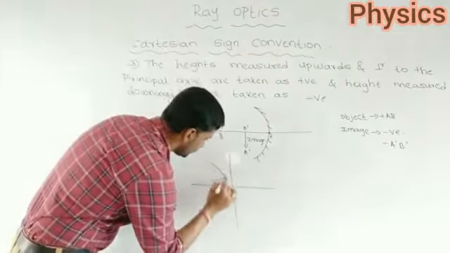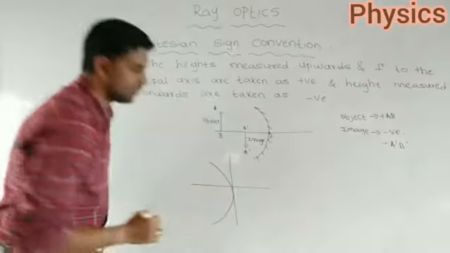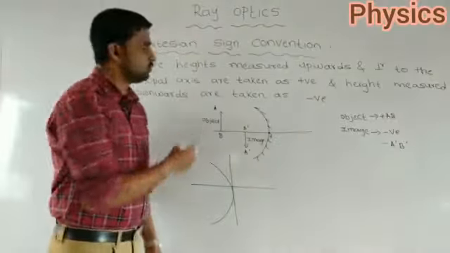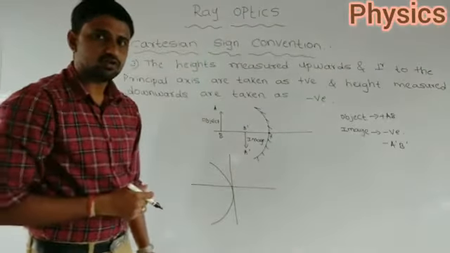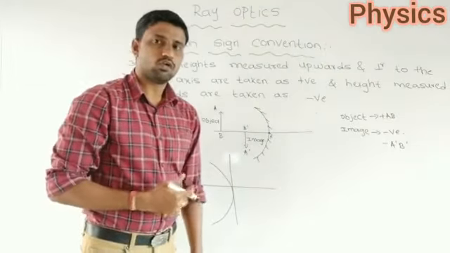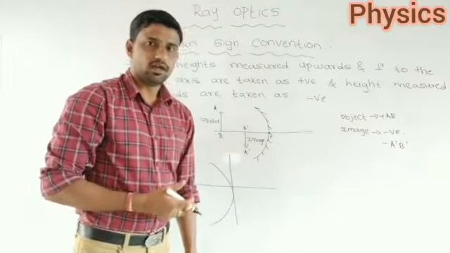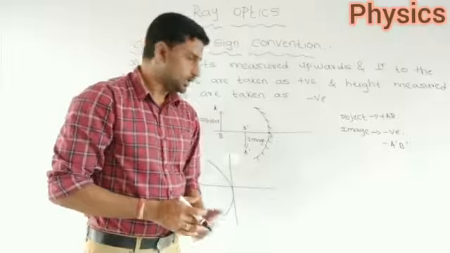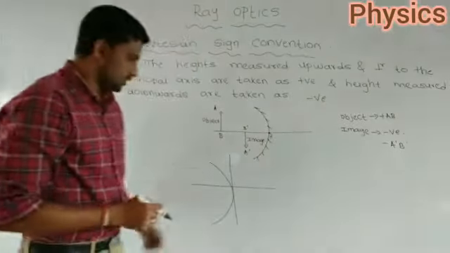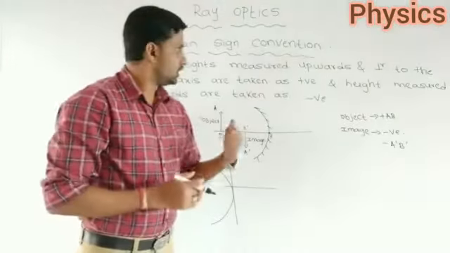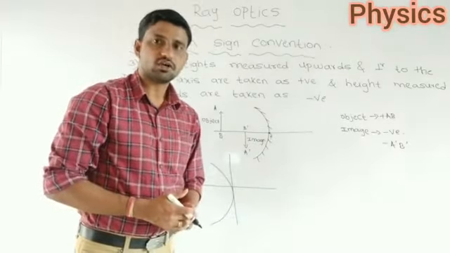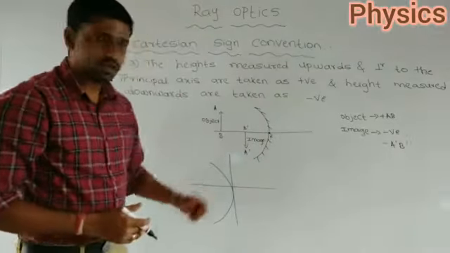You consider one concave mirror here. You can consider concave or convex mirror. The sign convention rule is applicable for both concave and convex mirrors, and it is applicable for lenses also. That one we will study later. So by using the Cartesian coordinate system also we can measure the signs.